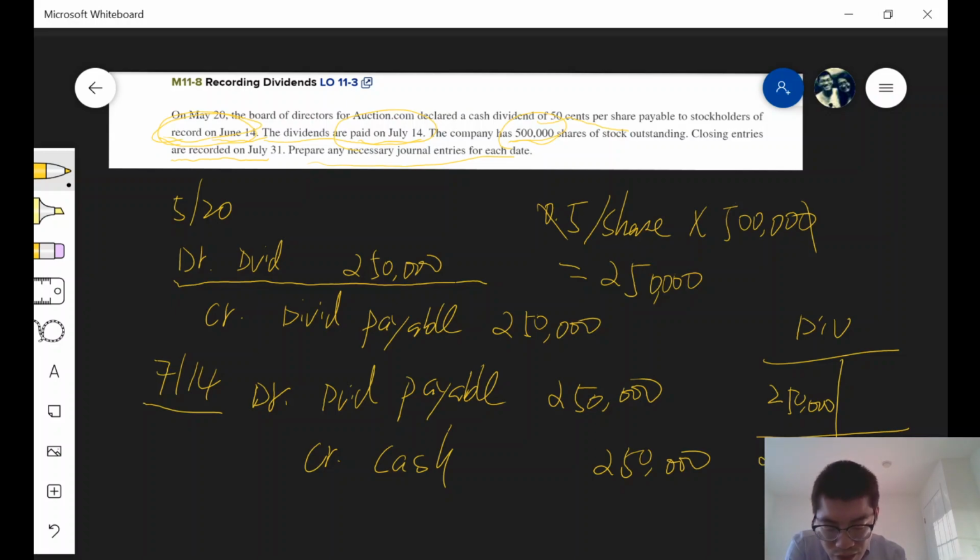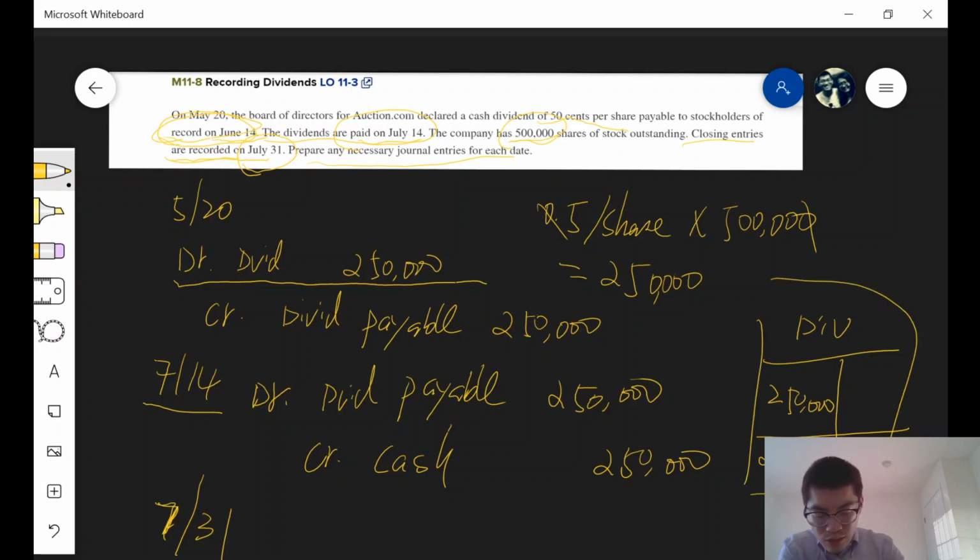Now remember, for this company the closing entry, the fiscal year end, is on July 31st. That is when we should prepare the annual financial journal entries and annual financial reports, and when we have to reset all the temporary accounts.